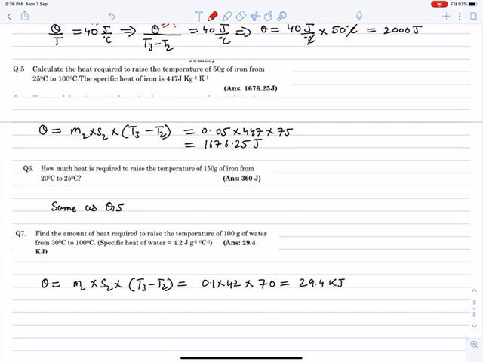Remember it is given in joule per gram, so the answer will be in kilojoules, because the specific heat of water is 4.2 into 10 raised to power 3, and that 10 raised to power 3 is missing. So 4.2 into T3 minus T2, which is 100 minus 30, 70, and you will get 29.4 kilojoules.